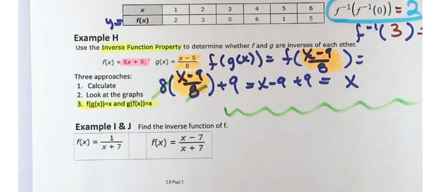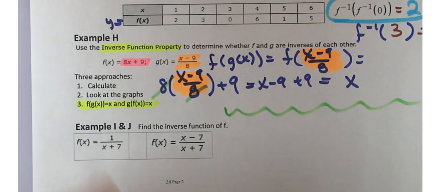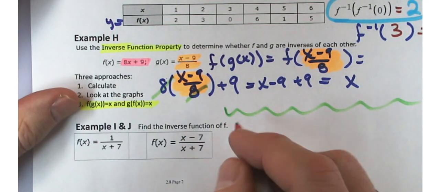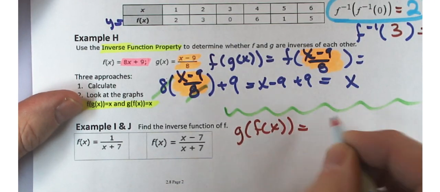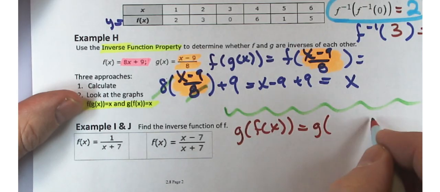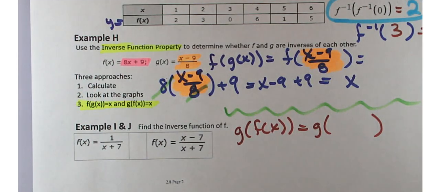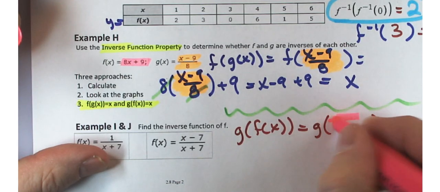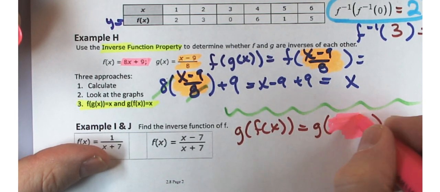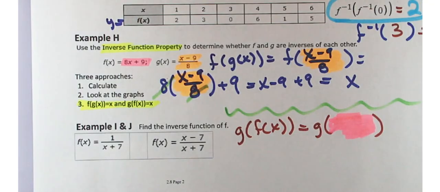Let's start out with g of x and then put in f of x. So g of f of x. Well, we'll start out by putting in f of x. F of x, just kind of keeping track of these things, highlighted, was 8x plus 9.